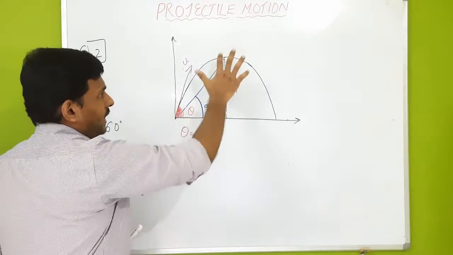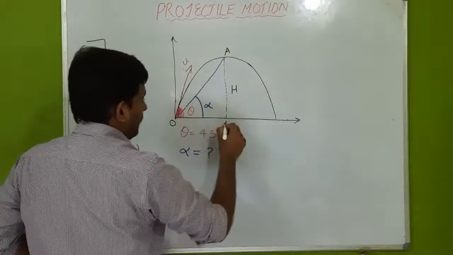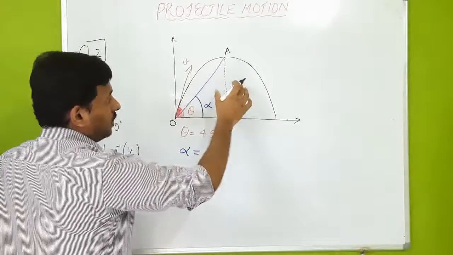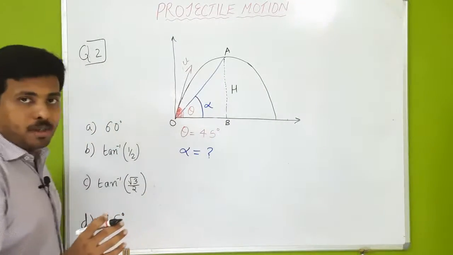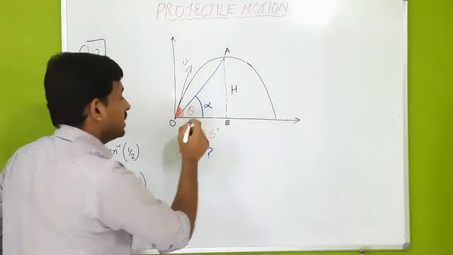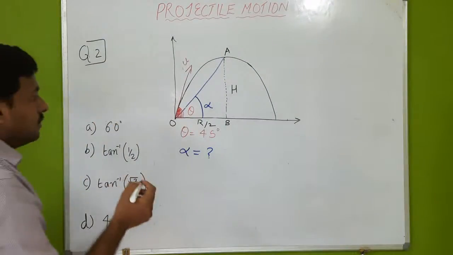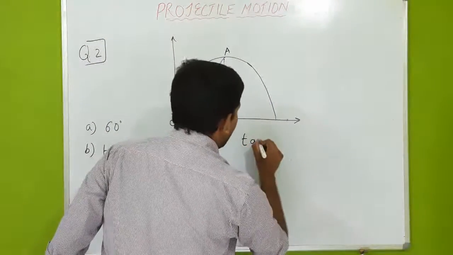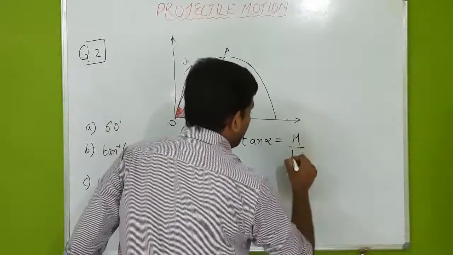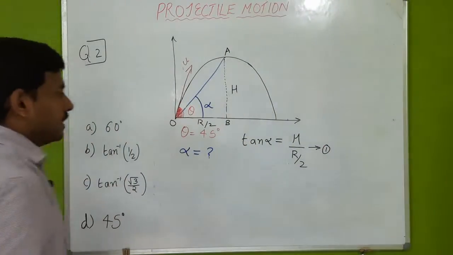From this triangle OAB, we know that tan alpha is equal to h divided by OB. What is this OB? This is half of the range, that is, r by 2. Therefore, we can write tan alpha is equal to h divided by r by 2. This is the first relation we are getting.